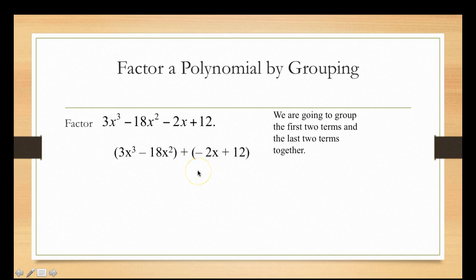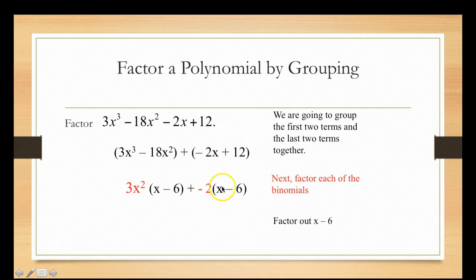When we do that, we have this. So we factored out our 3x squared from this term and this term, and factored out a -2 from this term and this term. Next thing, factor out the x plus 3. If you remember from an earlier lesson, our factors will be the two factors that are left in the parentheses.